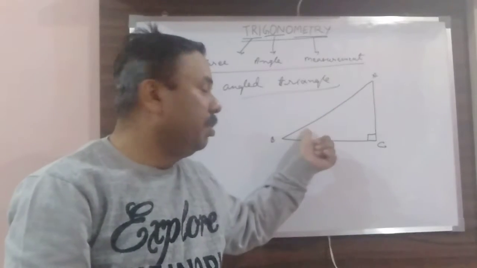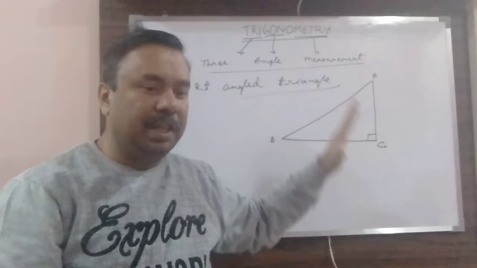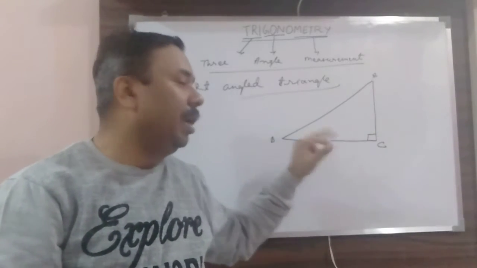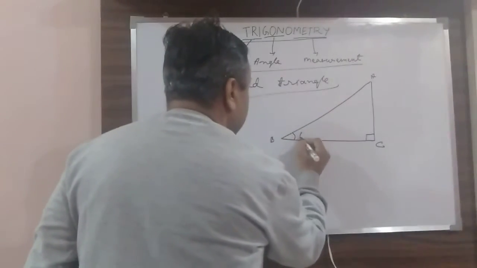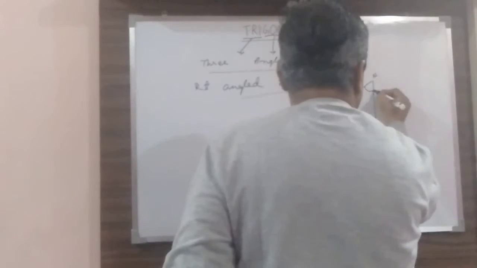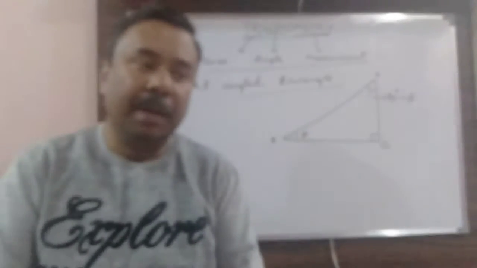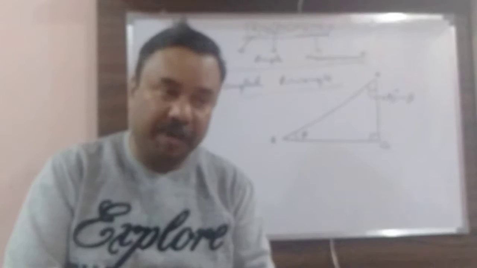Obviously, because the sum of all three angles is always 180 degrees, if one of the angles is 90 degrees, the sum of the other two angles will be 90 degrees. That means if this angle is theta, the other angle must be 90 degrees minus theta. This is the main concept that you have to keep in mind always.